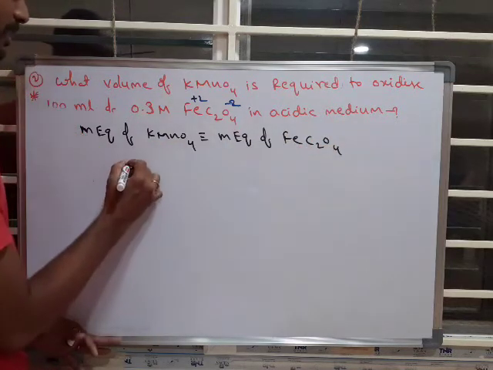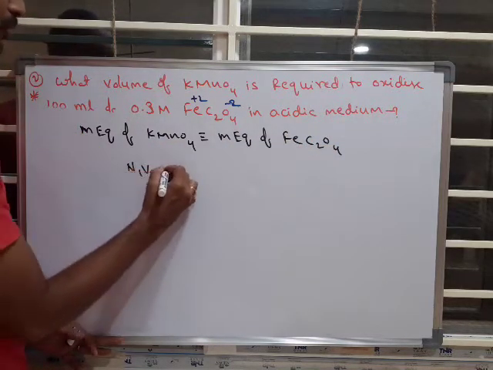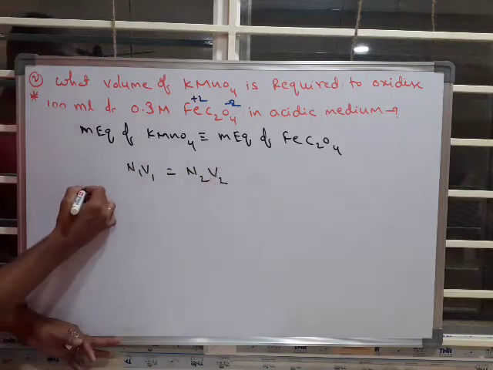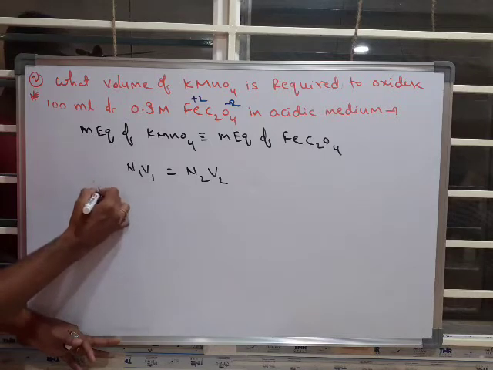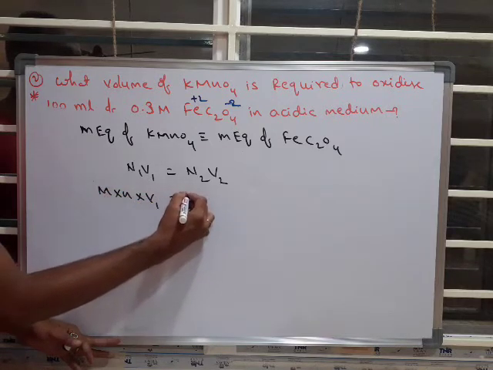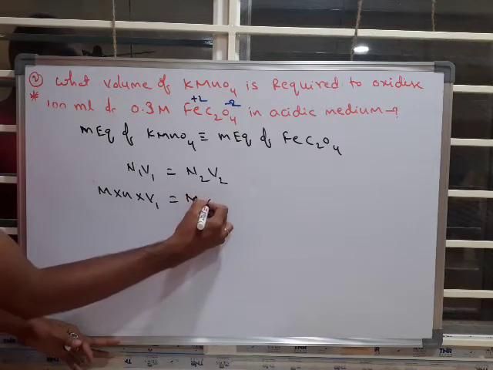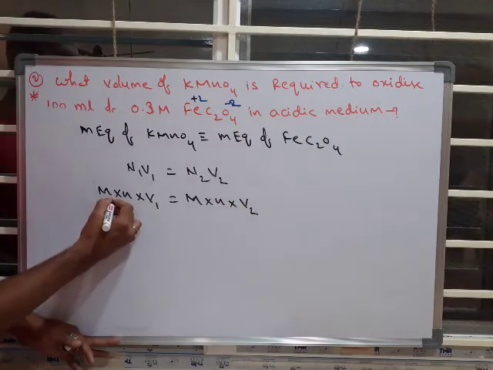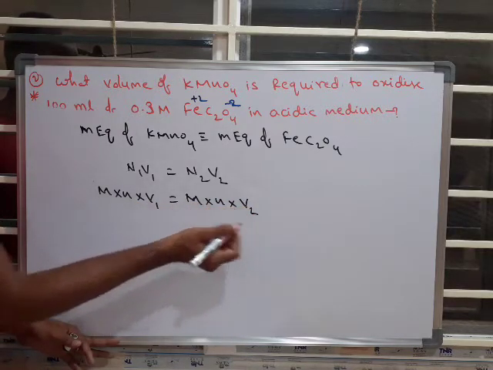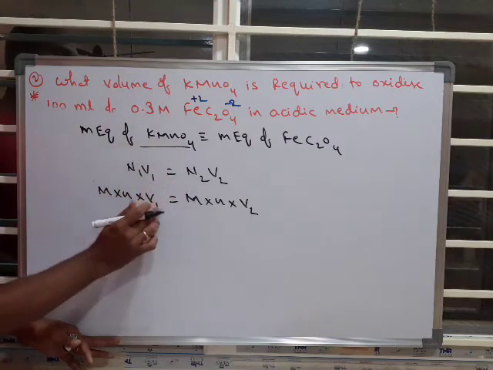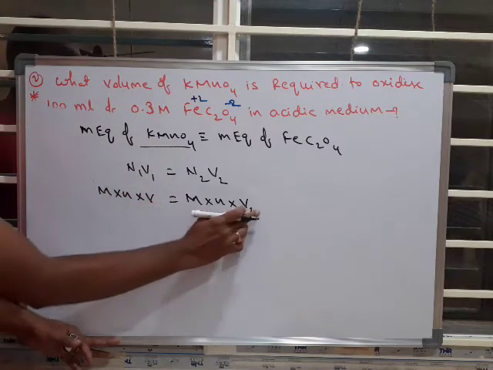What are milli equivalents? Normality into volume. Normality is given in terms of molarity: molarity into n factor into volume. The same for the other one also: molarity into n factor into volume. Actually M1 N1 V1 equals M2 N2 V2. Okay, no problem.